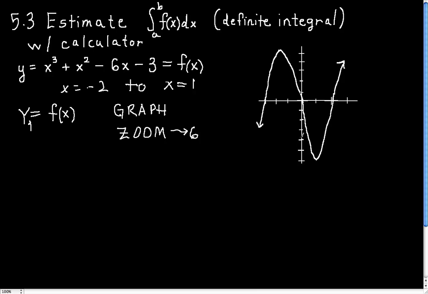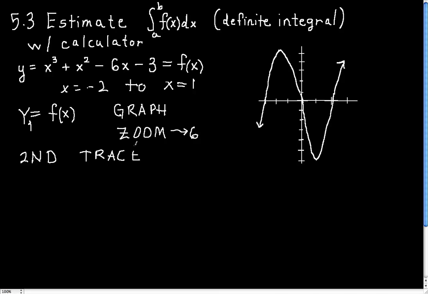Now, to estimate a definite integral, our calculator can not only graph functions, but it can calculate many properties of a graph. So what you want to do is push the second key, which is on the upper left, and then push trace. So what you're actually doing is you're pushing calculate.